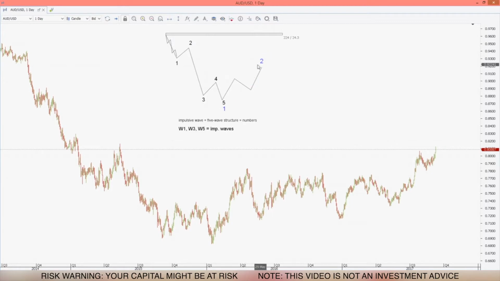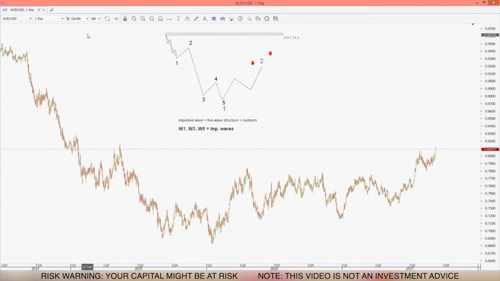So the second wave cannot go beyond the start of the first wave. If we buy put options here, we will buy them on a 50% retracement, on a 61.8 retracement, and so on, adjusting the expiration date to the time frame of the analysis.